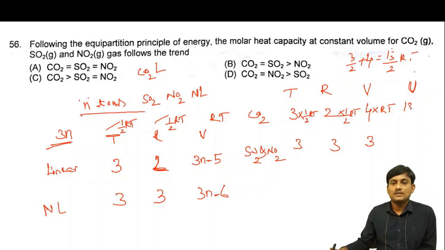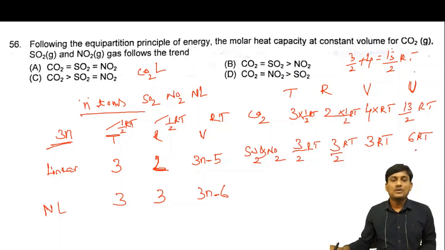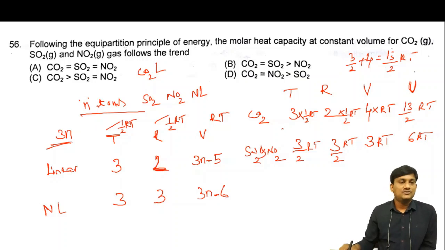So this one is 13 by 2 RT. In this case, you have 3 by 2 RT, and this one is 3 by 2 RT, and this one is 3 RT. So you have 6 RT. This one is 6.5 RT, this one is 6 RT. Okay, this is about internal energy.